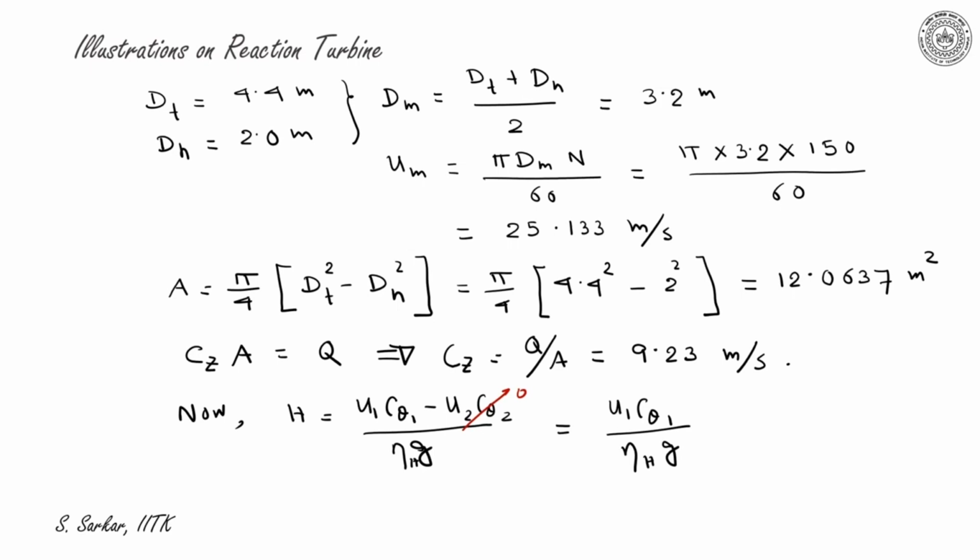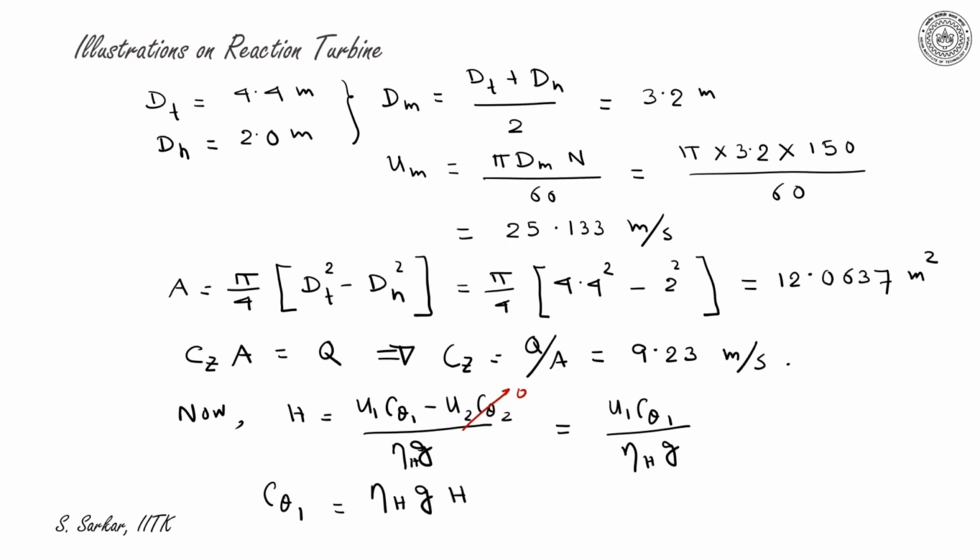Now let me put all the values. eta H as 0.9, g is 9.81, head as 20, and U1 evaluated as 25.1.